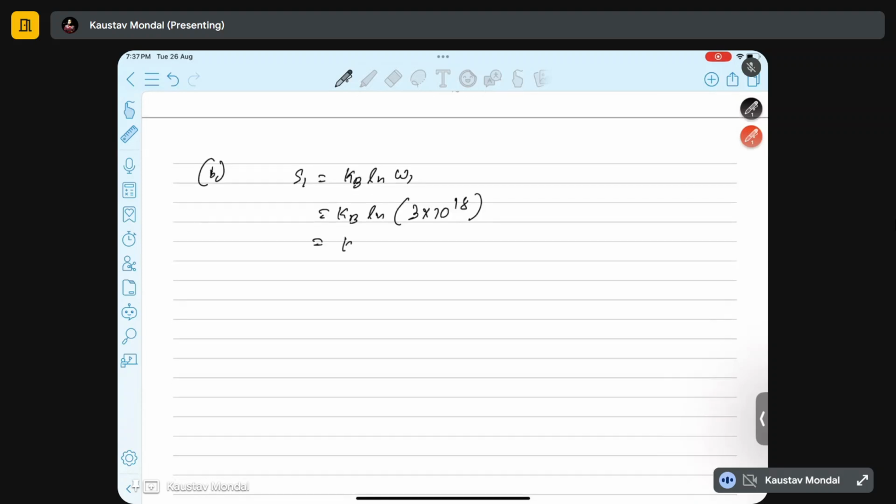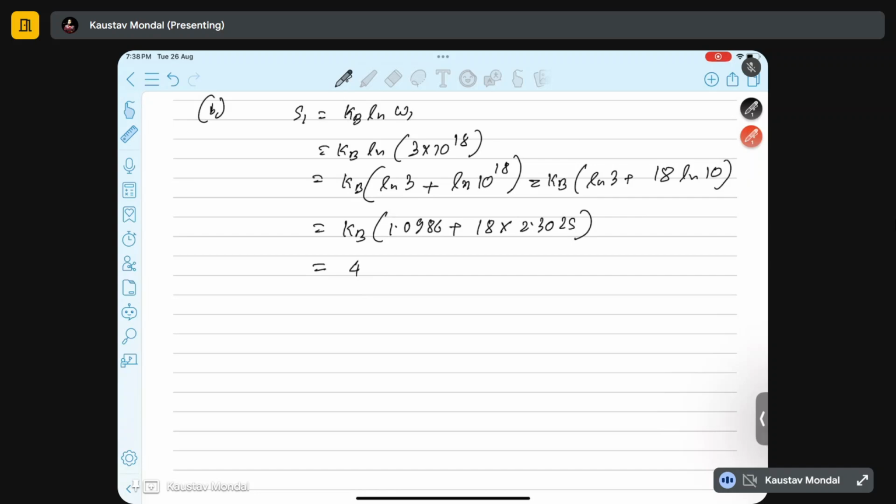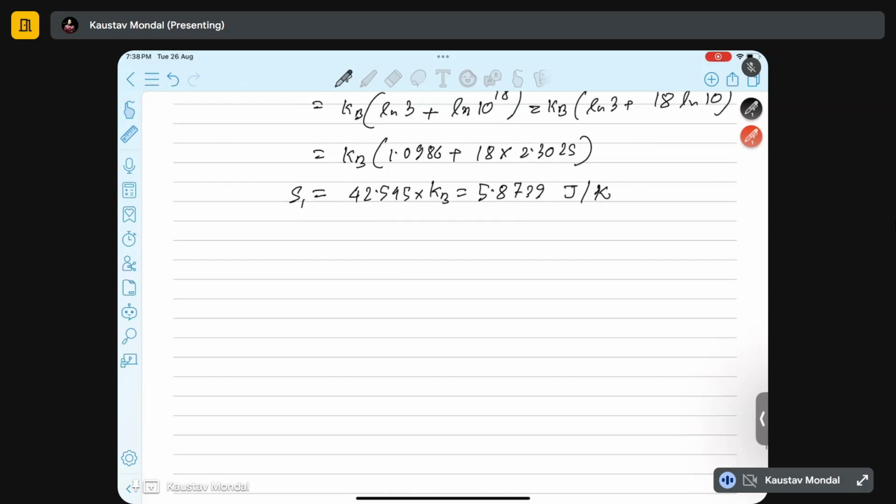Using the properties of log, that is Kb into ln 3 plus 18 into ln 10, which gives Kb into 1.0986 plus 18 into 2.3025, which is 42.545 into Kb, giving 5.8739 joule per Kelvin. This is the entropy for subsystem 1.